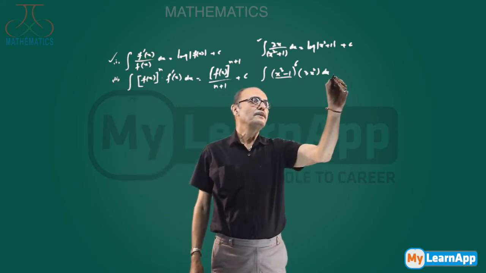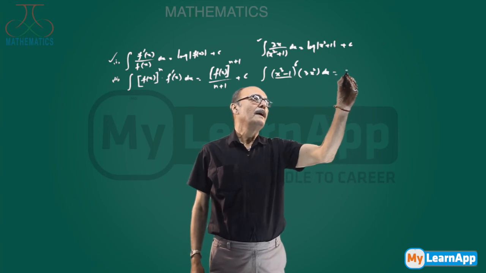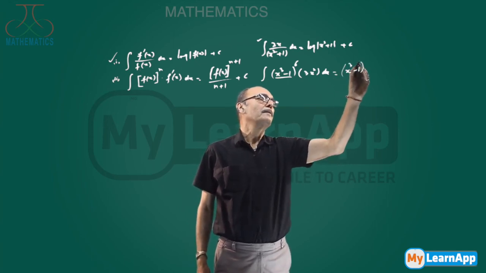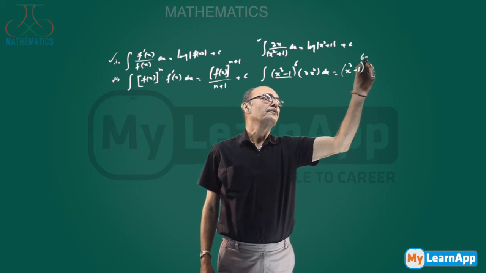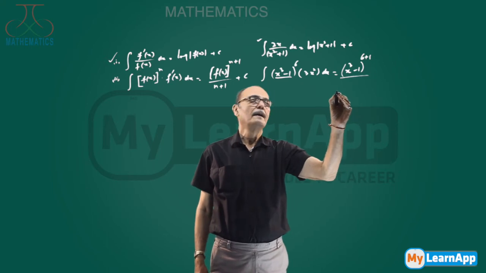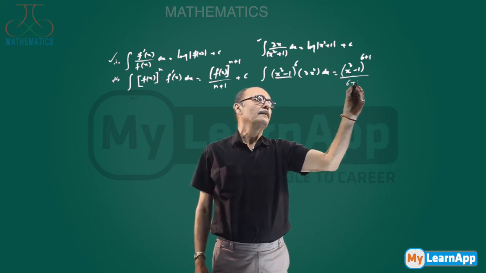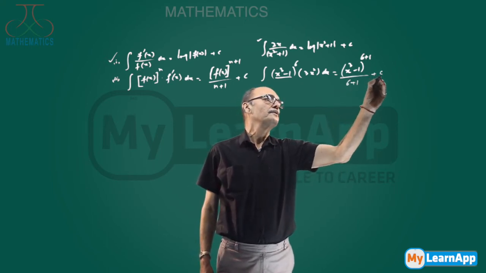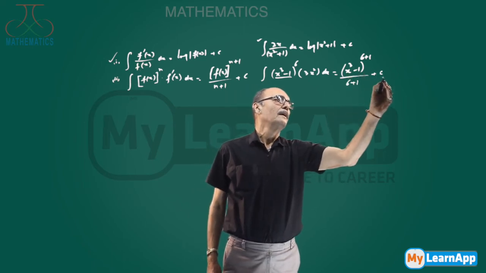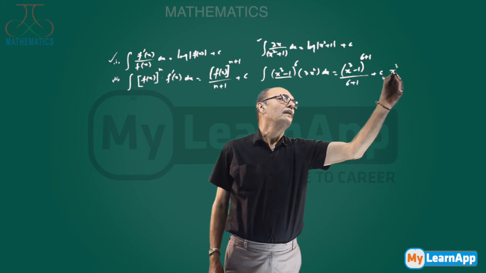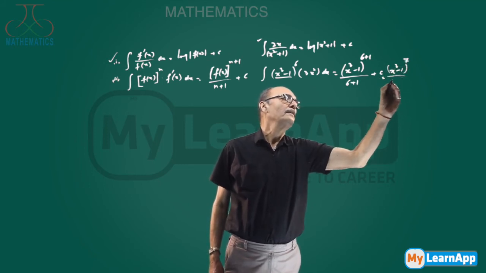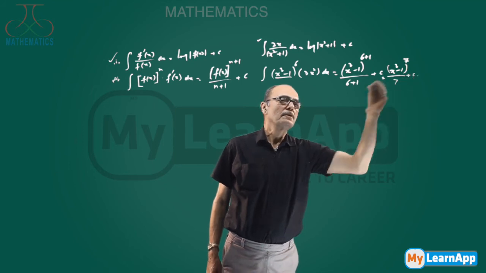The answer to this problem will be x cube minus 1 raised to power 6 plus 1 divided by 6 plus 1 plus constant c. That is, you can write down this as x cube minus 1 raised to power 7 upon 7 plus constant c.